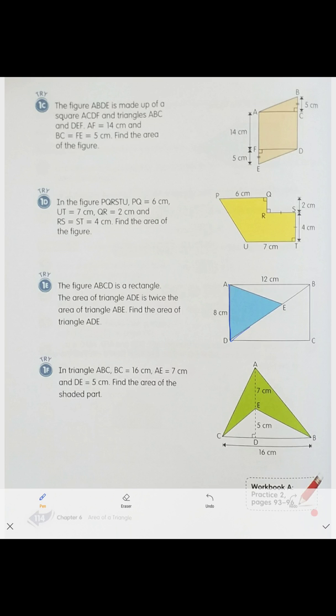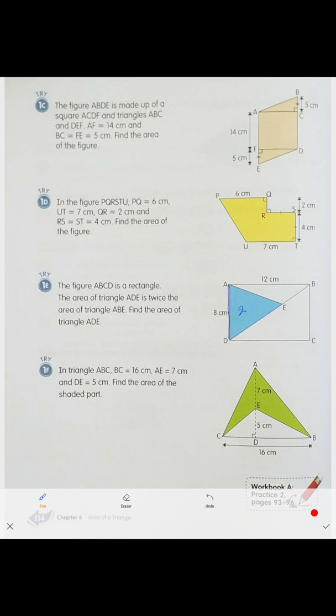The area of this triangle that we need to find, blue, is 2 times bigger than the area of this triangle ABE. All right, so this is 2 areas, this is 1 area, right? Altogether 3 areas. Okay, very straightforward.